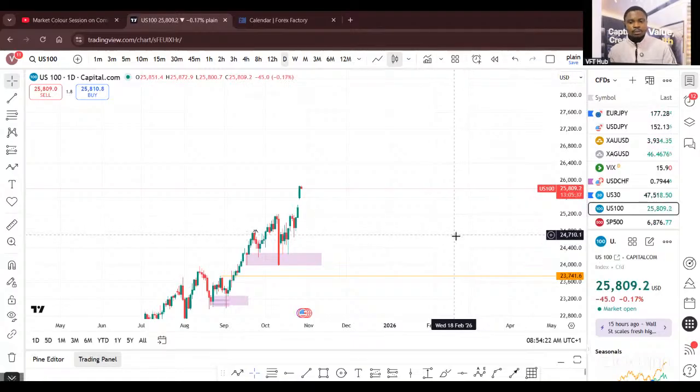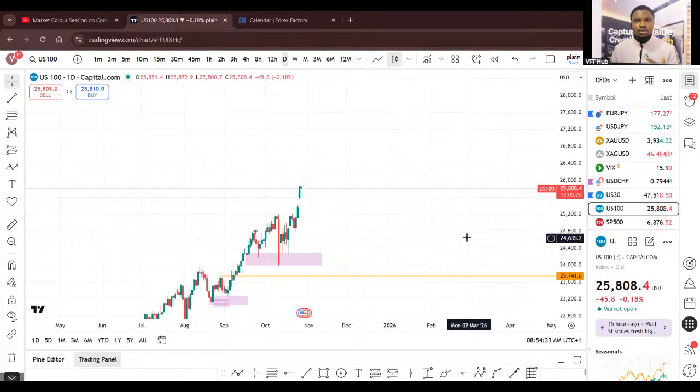The knowledge from CFD trading, contract for difference, like FX, you can apply now in your stock trading, your stock portfolio. So that's one thing we also do. We look at individual stocks, look at their fundamentals, the P&L statements, the financial statements for the years, and see if it's good.